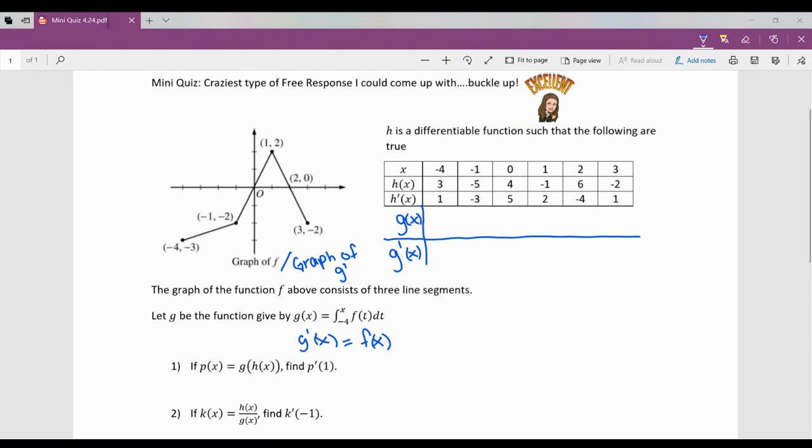The graph of g prime is the graph of f. So if I want g prime at -4, that's just the value of the graph at -4, so that's -3. For -1, the graph is at -2.